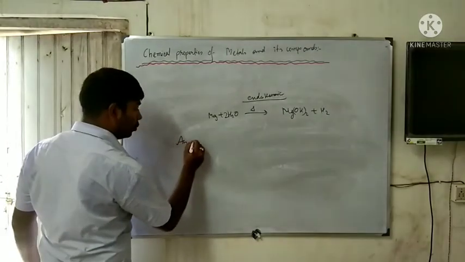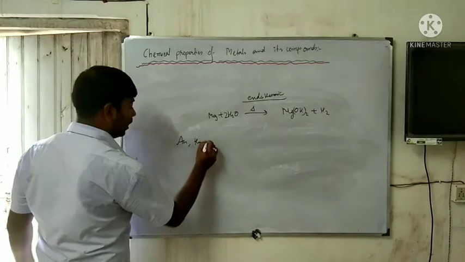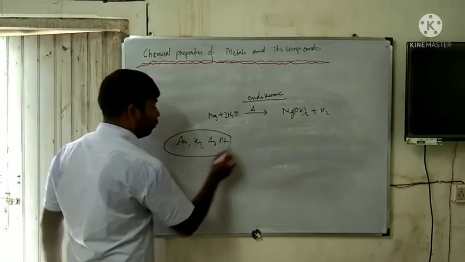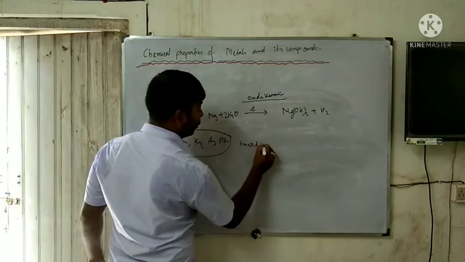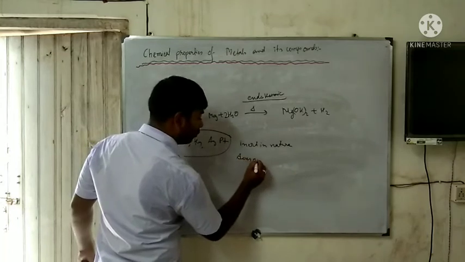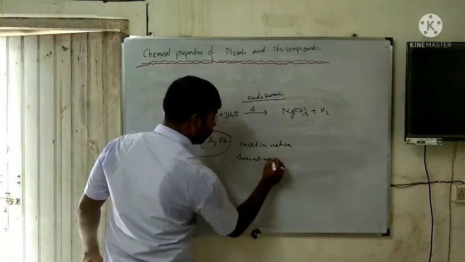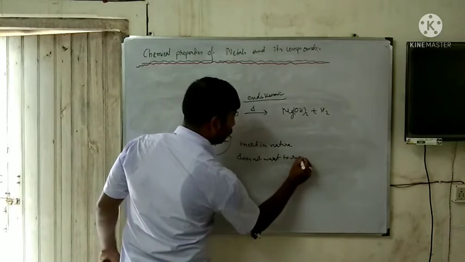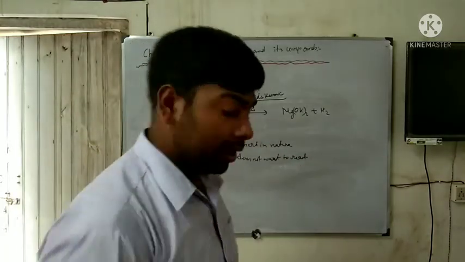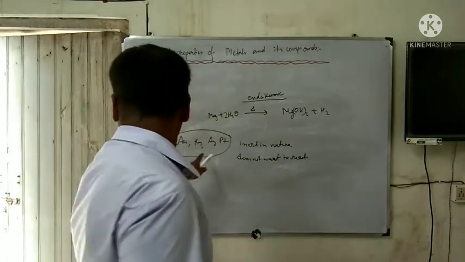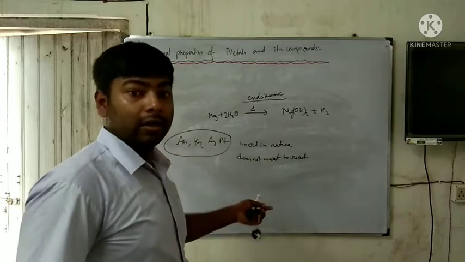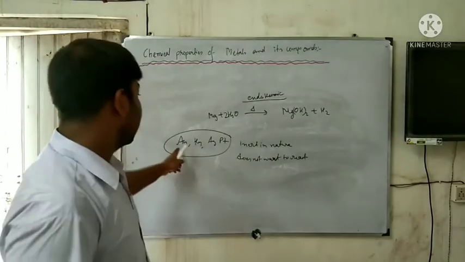But some metals are there, suppose gold, mercury, silver, platinum. These are the metals which are inert in nature. Inert means they do not want to react, with respect to water or oxygen.